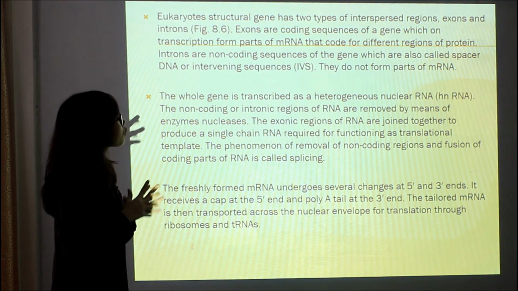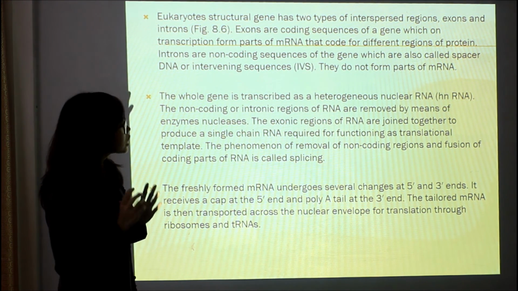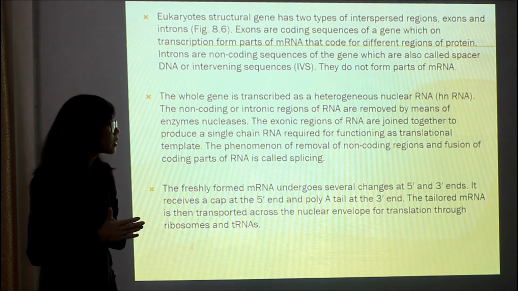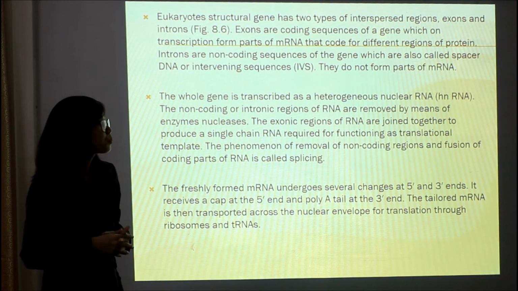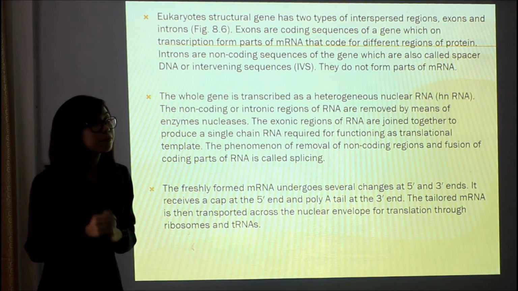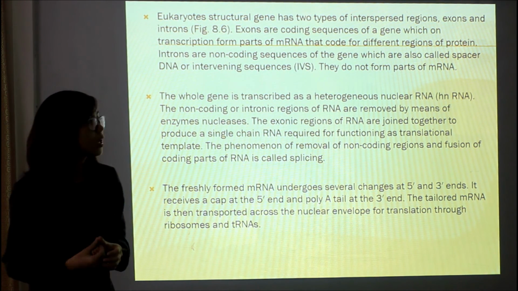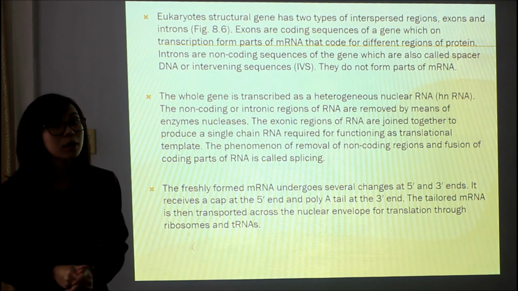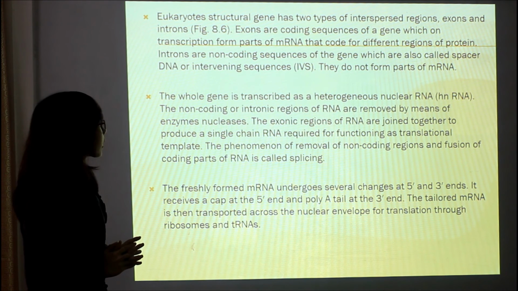The phenomenon of removal of non-coding regions and fusion of coding parts of RNA is called splicing. So, splicing again, it is the phenomenon of removal of non-coding regions and fusion of coding parts of RNA.